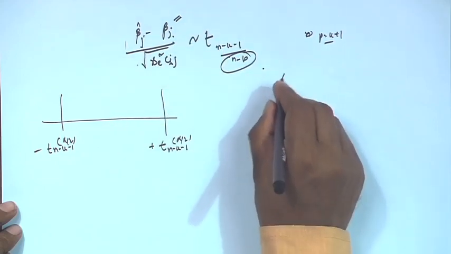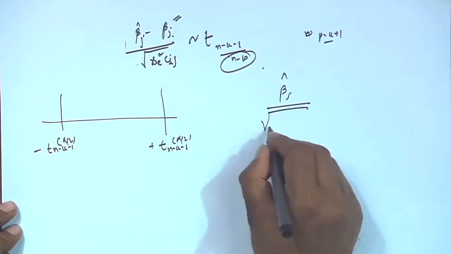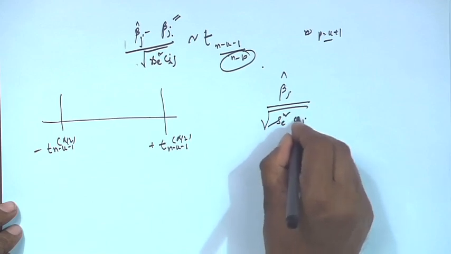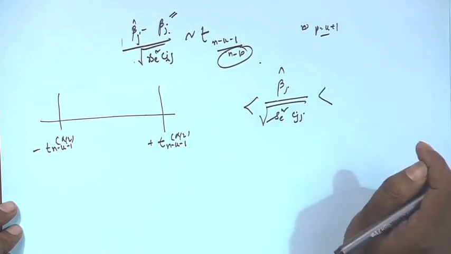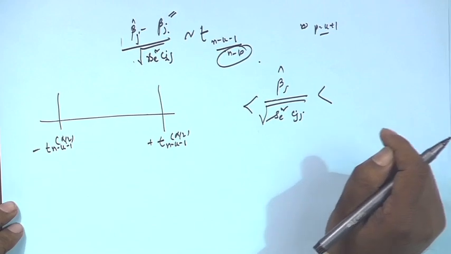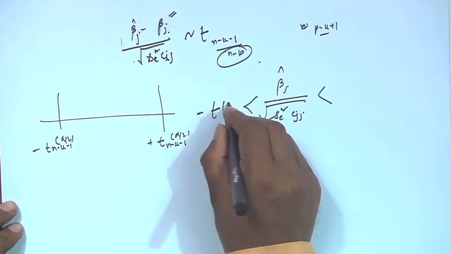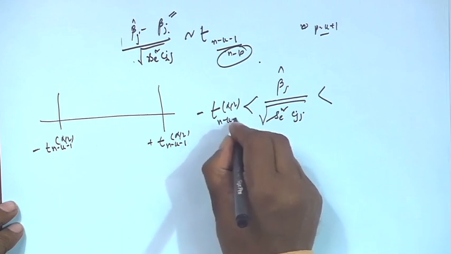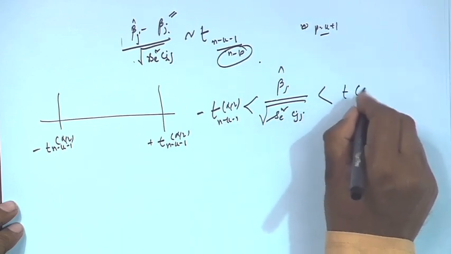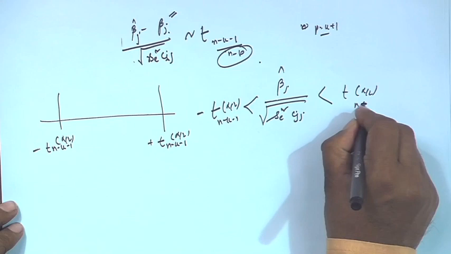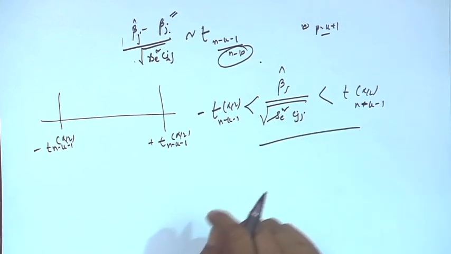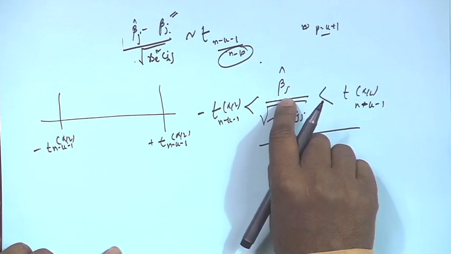So, beta j cap by root over sigma cap square C jj will lie in between minus t alpha by 2, n minus k minus 1 and t alpha by 2, n minus k minus 1.